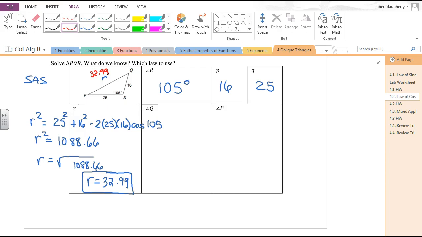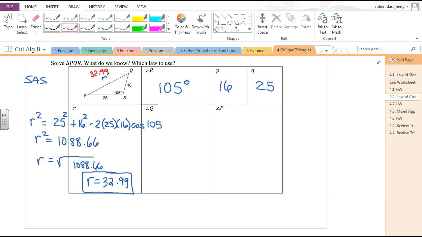Use the law of cosine. 25 squared will equal 16 squared plus 32 whatever squared minus 2 times 16 times the 32, and the cosine of what angle? Q. Okay, that's going to allow me to solve for angle Q.